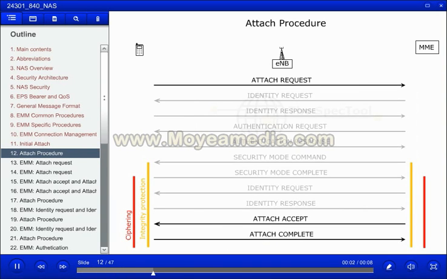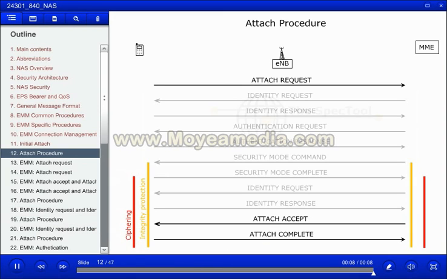Let's start with the attach procedure, including 3 messages: attach request, attach accept, and attach complete. This procedure is an EMM specific procedure and will also carry ESM messages piggybacked. The attach request message will be sent without any protection if it is an initial attach.